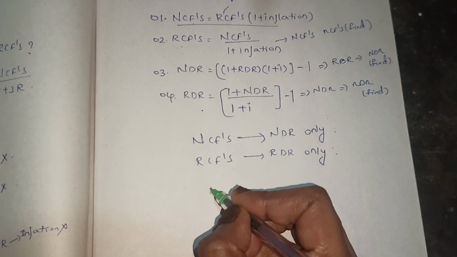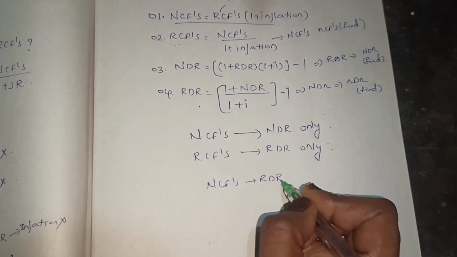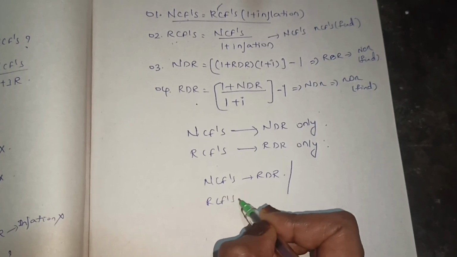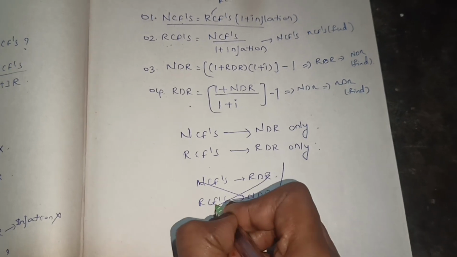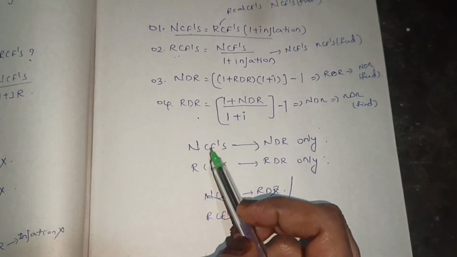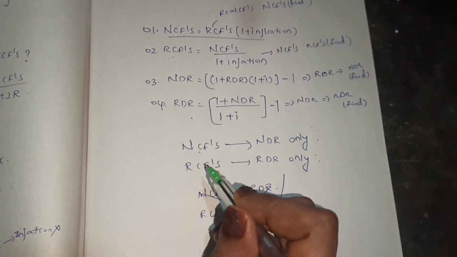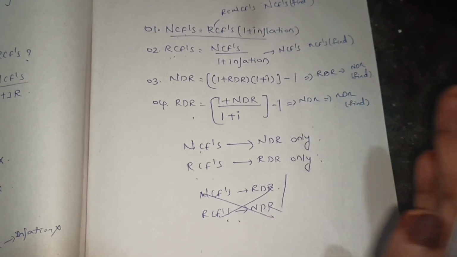You cannot use nominal cash flows with real discounting rate or real cash flows with nominal discounting rate. This is not permitted. You have to use nominal cash flows with nominal discounting rate and real cash flows with real discounting rate only.